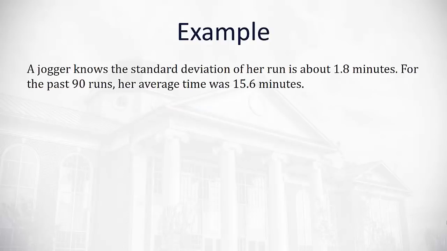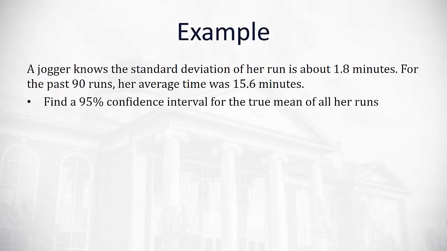So let's take a look at an example. Let's say a jogger knows that the standard deviation of her daily run is about 1.8 minutes. For her past 90 runs, her average time was 15.6 minutes. We're going to find a 95% confidence interval for the true mean of all of her runs. First, let's draw a picture of what we're talking about. So we want a 95% confidence interval.